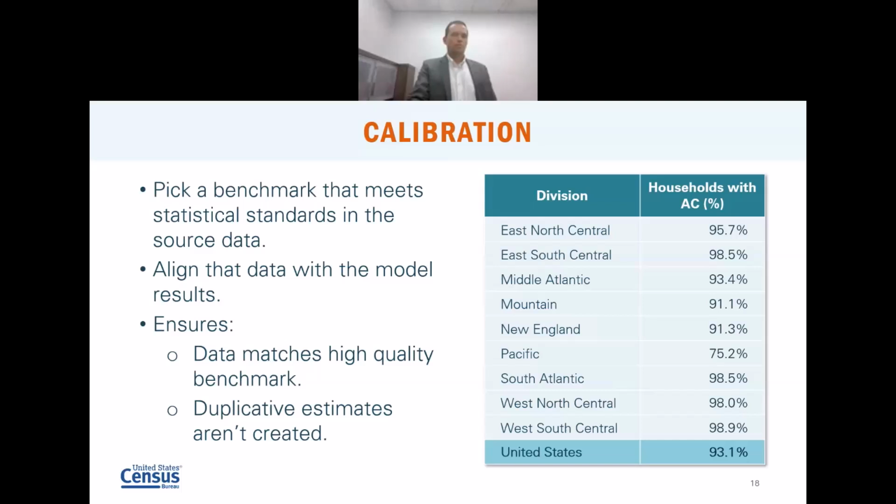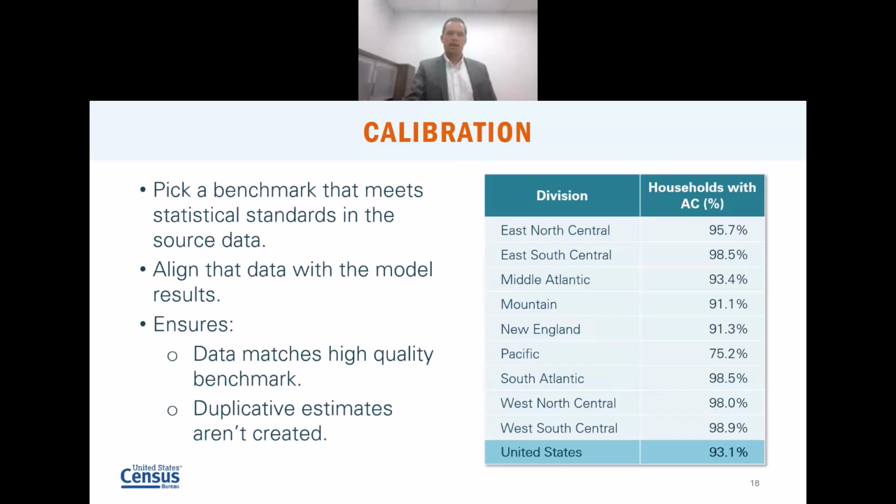So with the CRE for heat, we utilized data from the EIA and the RECS survey to see what state level estimates were of the amount of air conditioning in the home. We realized that there was a bit of a conceptual misalignment between the question on that survey, which looks at whether or not the household uses air conditioning, and the American Housing Survey, which looks at whether or not the household has air conditioning.